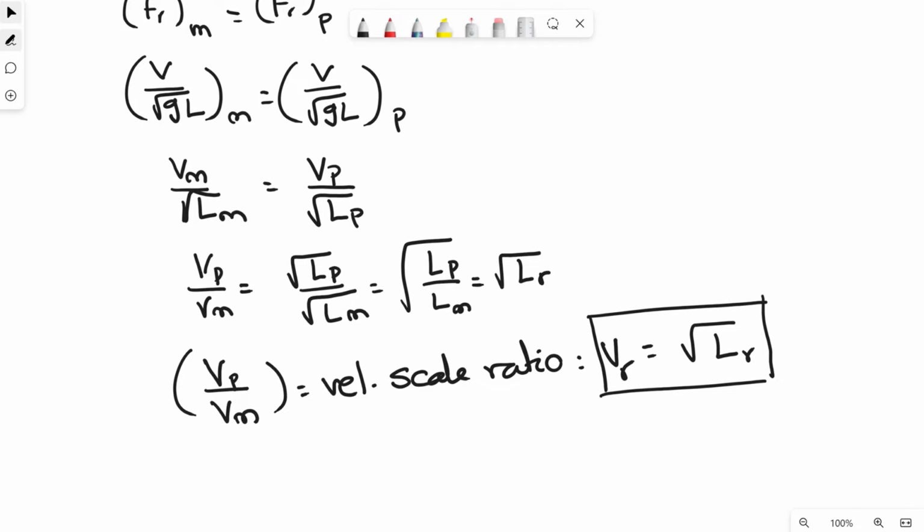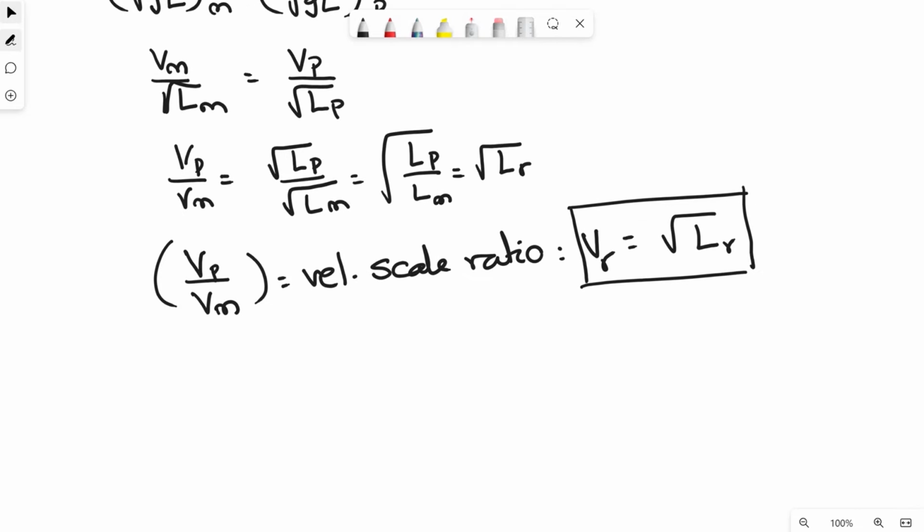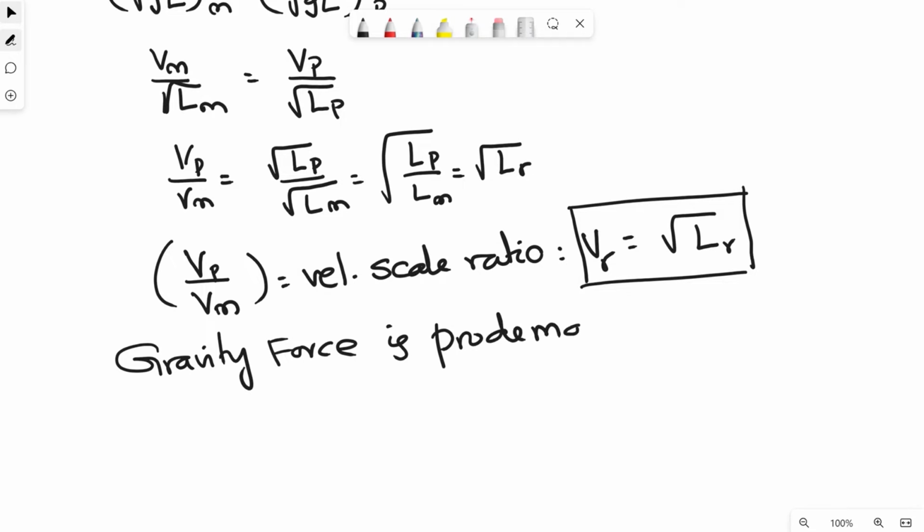And Froude's model law is applicable when the gravity force is predominant.